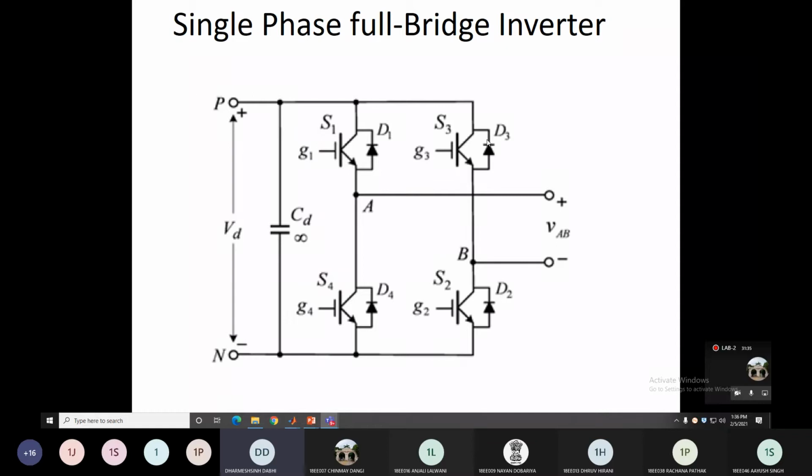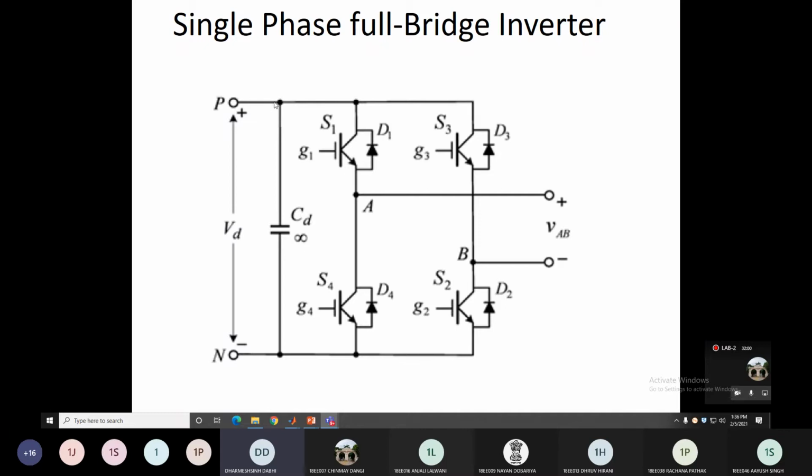So when you turn on S3 and S4 by this gate pulse, you get the voltage at the B terminal. You can see that the current starts from here, positive, S3, B terminal, here is the load through A terminal and S4 switch and neutral. So if you measure the voltage between B and neutral, you get the positive voltage.